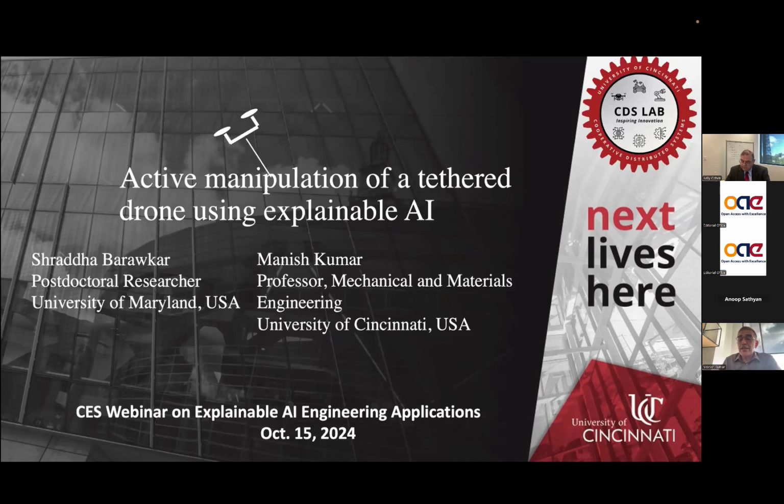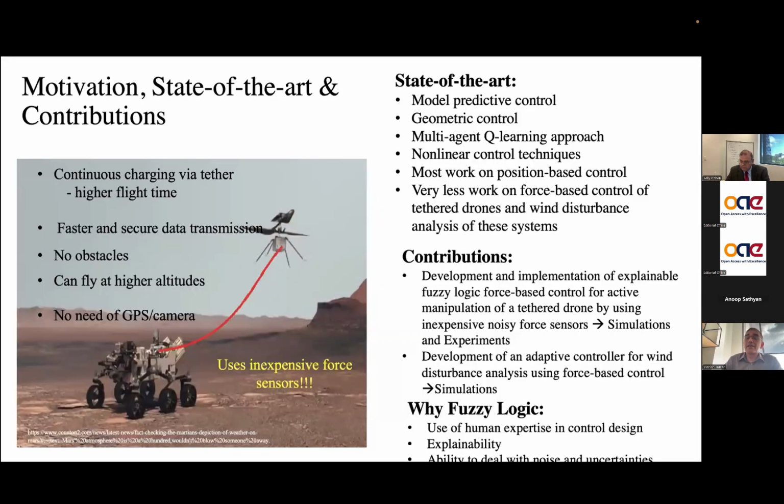And based on that, at that time we were also working on a tethered drone project for Ohio Department of Transportation.